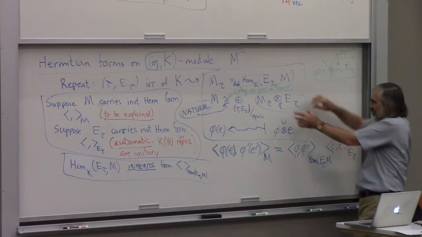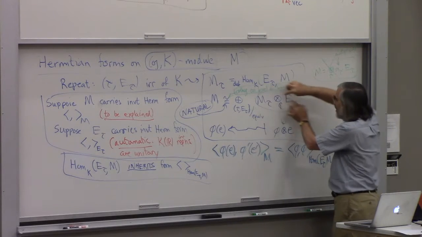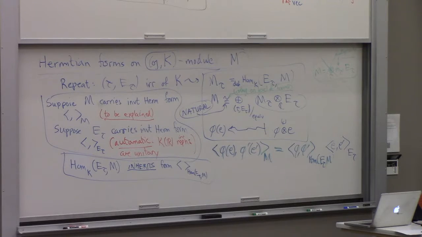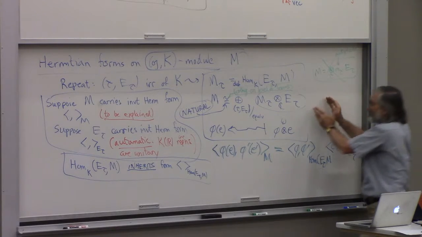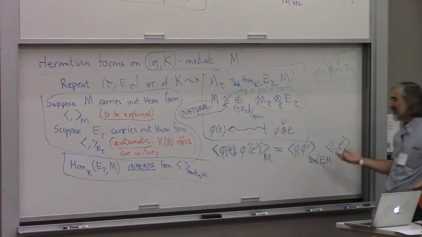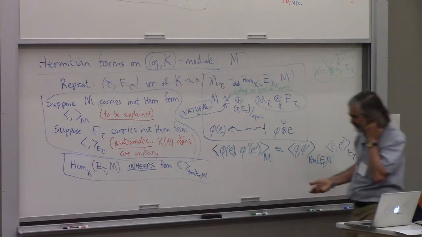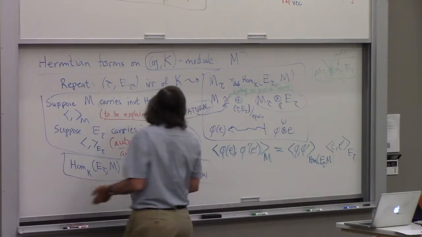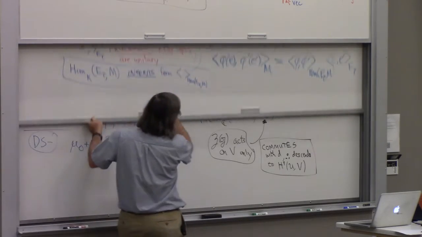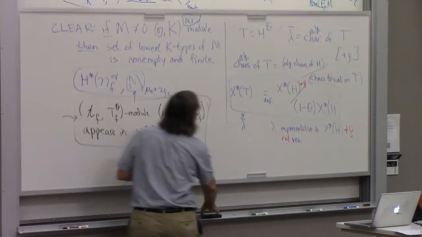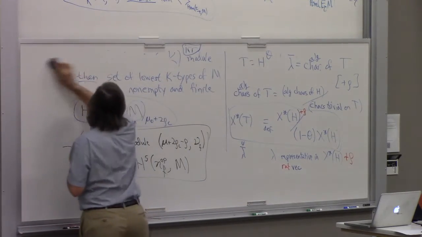So there'll be natural forms on these pieces, therefore a natural form on the tensor product, and the mapping is all natural. I still have to make these statements more precise.